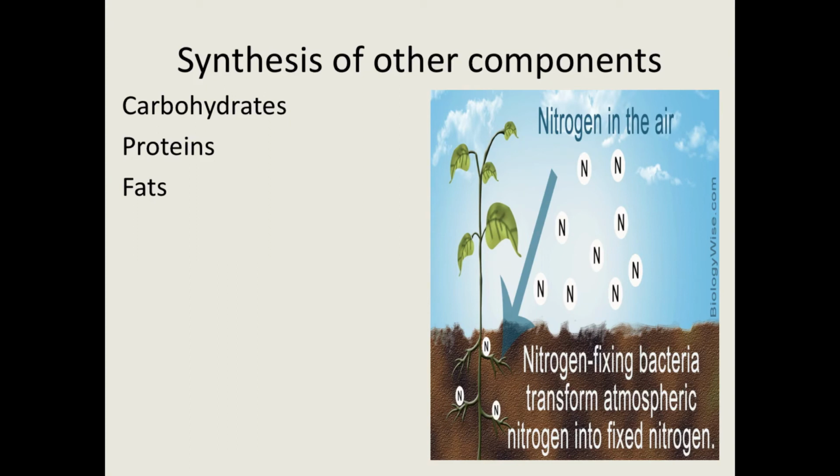If the plant wants to produce protein, it requires nitrogen. So where does the plant get nitrogen from? The plant gets nitrogen from the soil with the help of bacteria. Those bacteria are called nitrogen fixing bacteria.